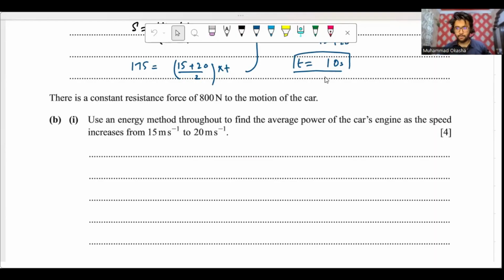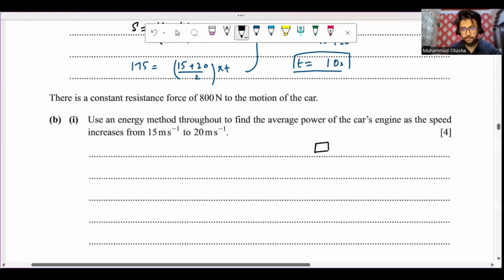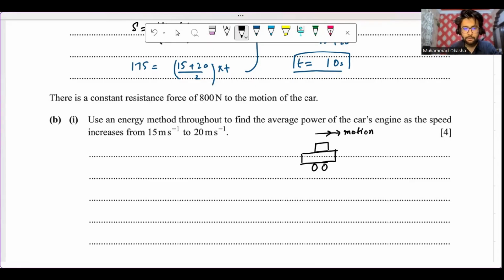Moving on to the next part of the question, which says there is a resistance force of 800 newtons to the motion of the car. So let's say the car is moving in this direction. Let's say this is the direction of motion. Then use the energy method to find the average power of the car's engine as the speed increases from 15 meters per second to 20 meters per second.